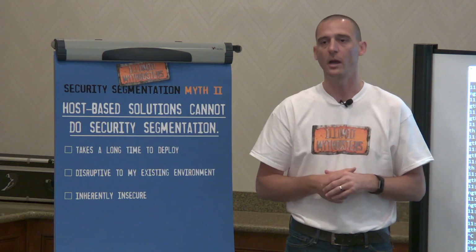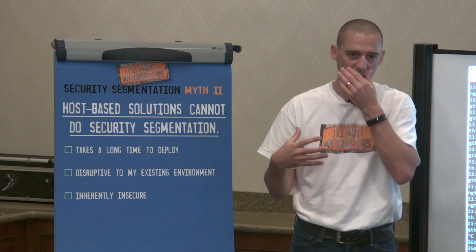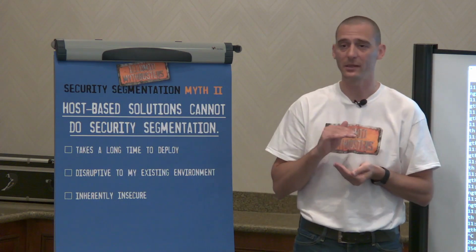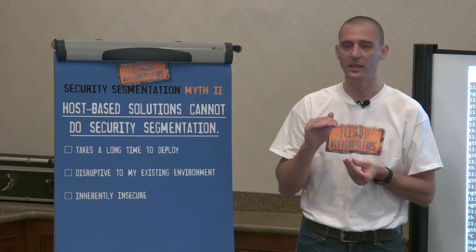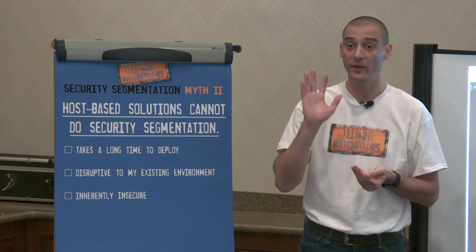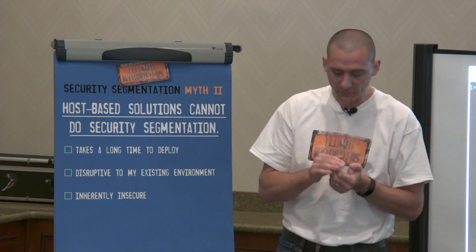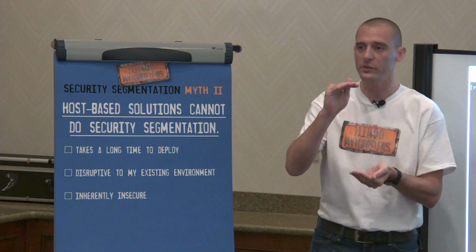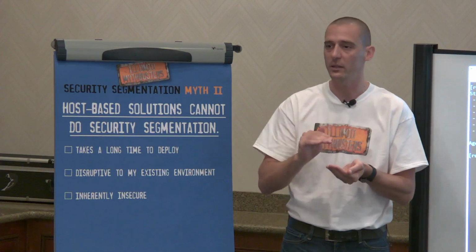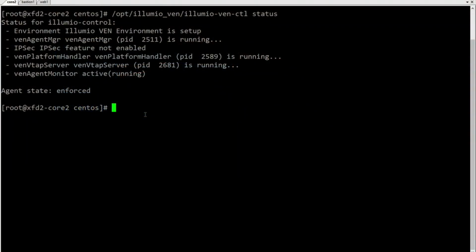One point that we really want to emphasize is that our agent sits in user space. There's nothing in the kernel. We're not modifying anything in the kernel, and there's a very good reason behind that. Everything is in user space, and we're doing everything from user space. We don't modify the kernel.